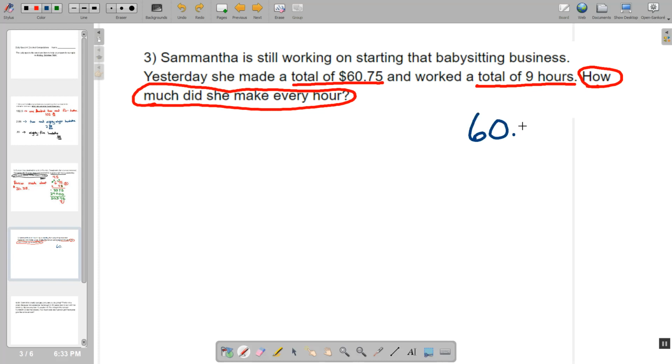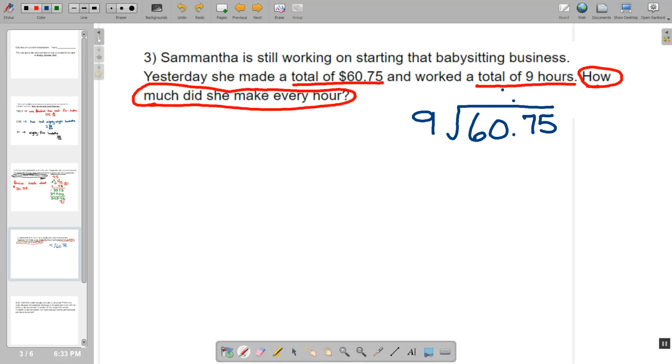So $60.75 divided by 9. Now we look at our divisor and we ask ourselves, does our divisor have a decimal place in it? Which it does not. So we can move our decimal up here and divide like normal.